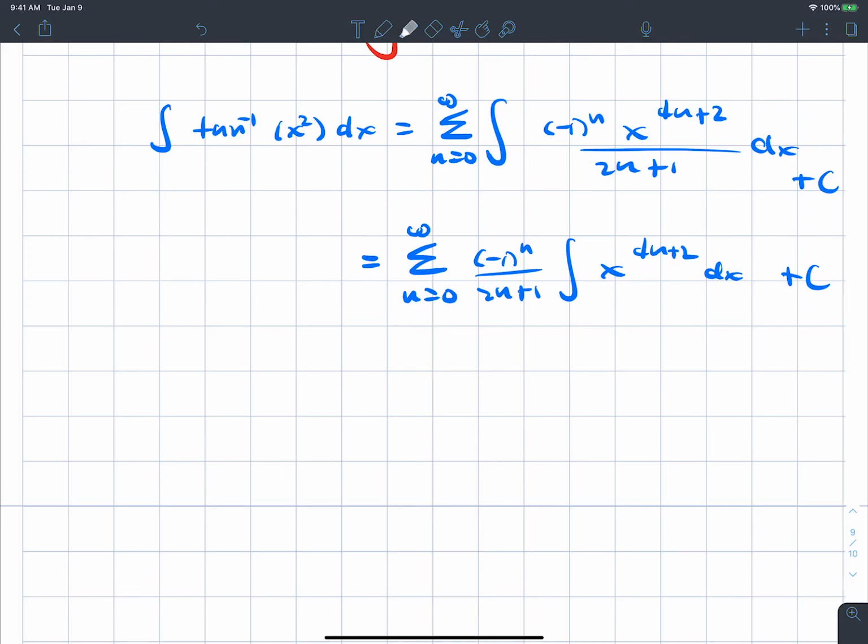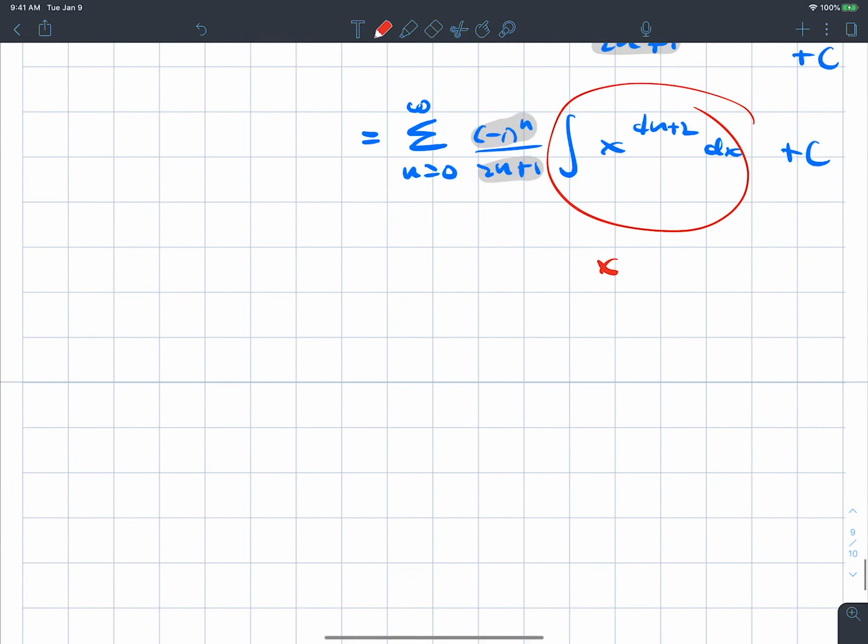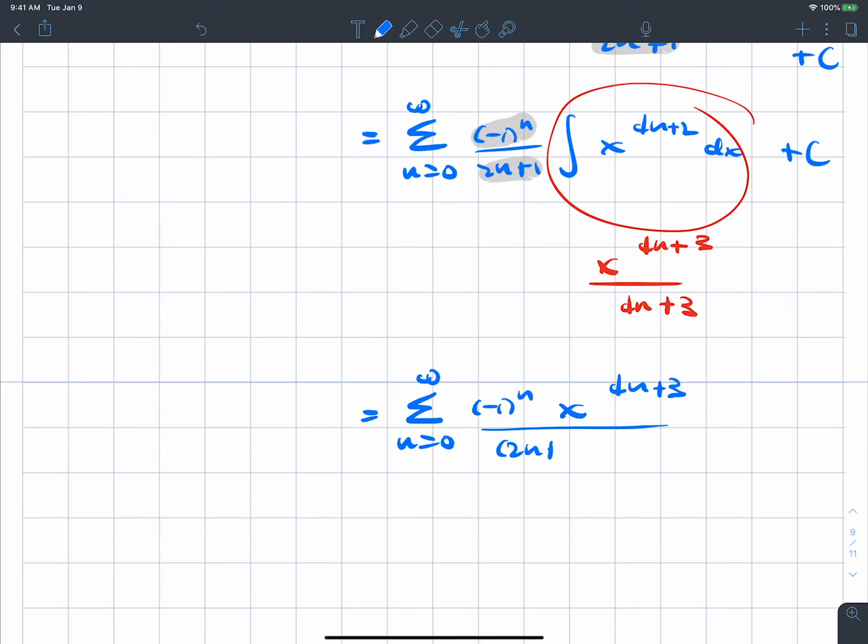So I pulled out these constants here, -1 to the n and 2n plus 1. They're out, and then I just have to integrate right here. And by the power rule, we get x to the 4n plus 3 over 4n plus 3. So here's what the power series expansion looks like. Don't forget to add that constant.